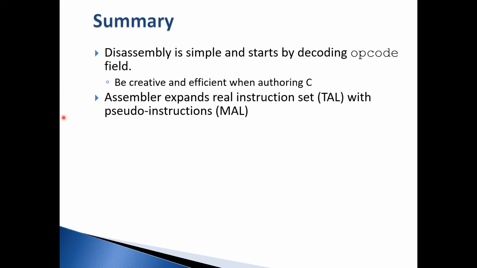And in assembly language, we categorize them into true assembly language and MIPS assembly language. When we have MIPS assembly language, it also contains pseudo instructions. So make sure that the assembler will try to break down the pseudo instruction into true instructions, the real instructions, before converting them into zeros and ones. Okay.